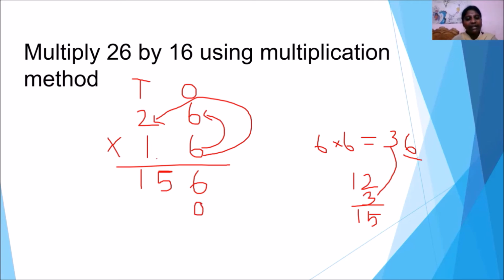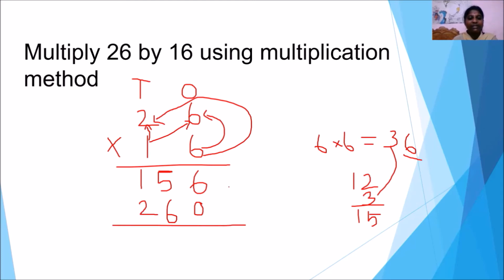Next we are going to multiply the tens place number. The tens place number is 1. 1 sixes are 6. Next we have to multiply 1 twos are 2. Now our multiplication is over.